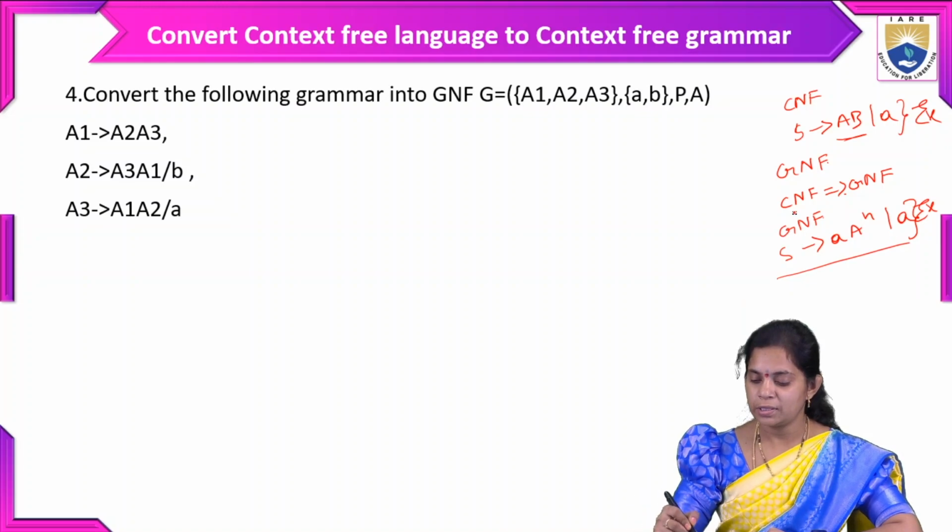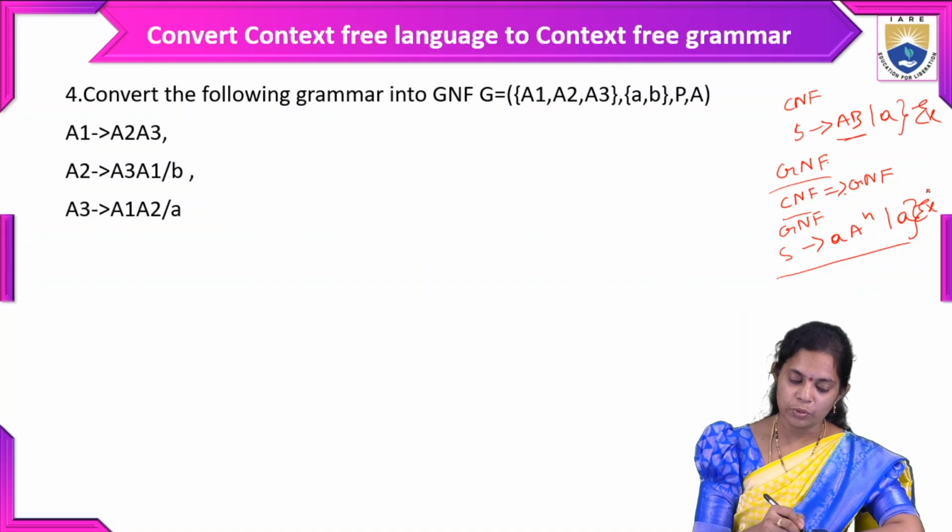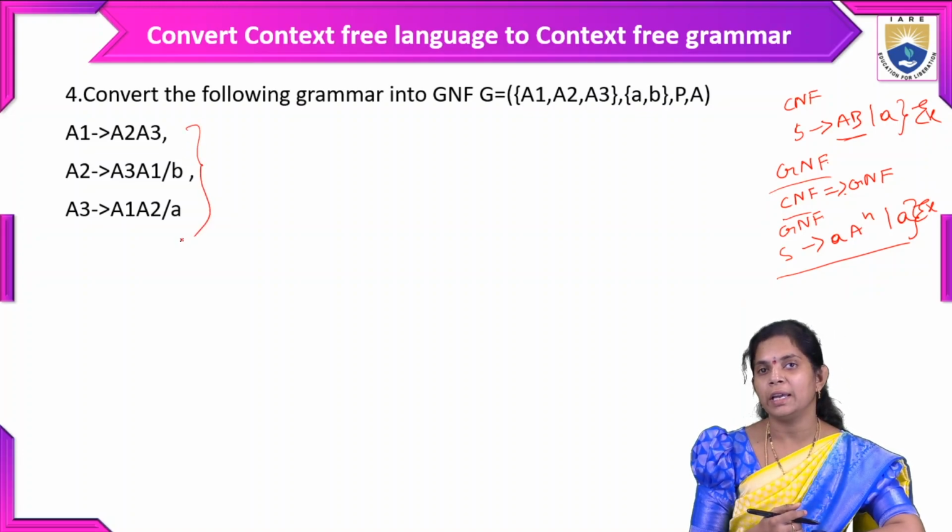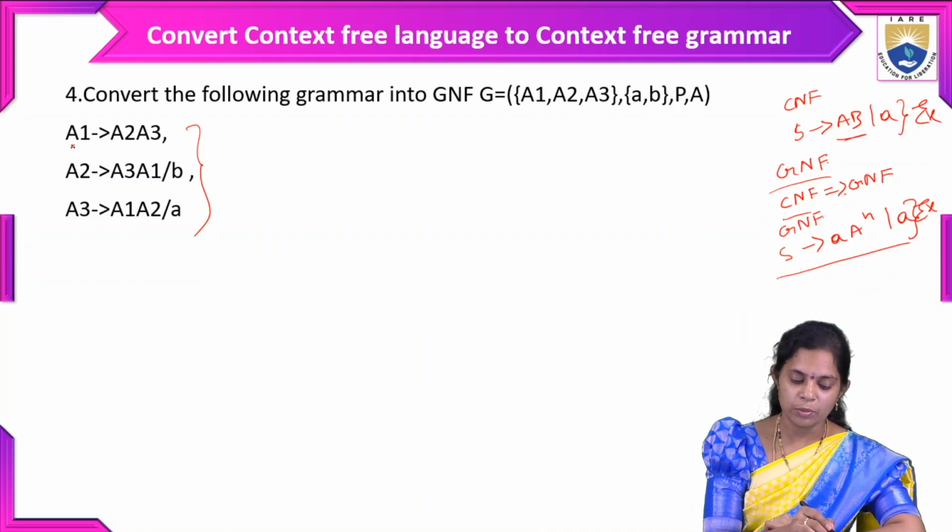And here the first step, to convert the grammar into a GNF, is that the grammar should be in CNF. The given grammar is already in CNF. How to check whether it is a CNF or not? If you observe A1, A2, A3, these are two non-terminals, non-terminal and non-terminal, and this is also non-terminal and non-terminal.